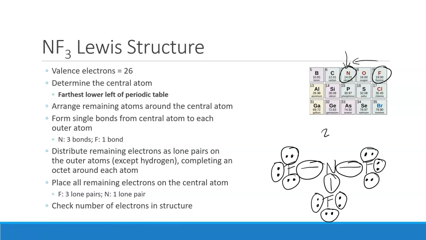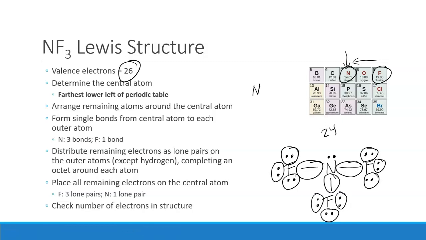So in total, I have used 24 valence electrons, and I started out with a total of 26. That means I have 2 left, and that's great because I can put those last 2 on the nitrogen. Now each fluorine has 3 lone pairs and the nitrogen has 1 lone pair, and we've used up all 26 valence electrons.